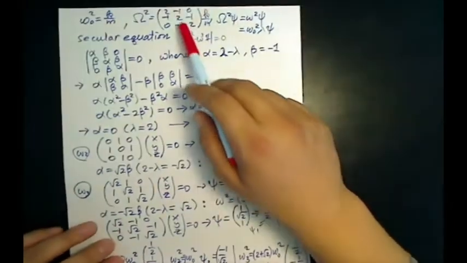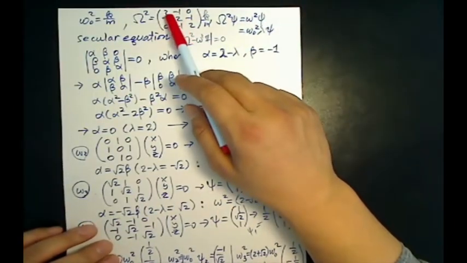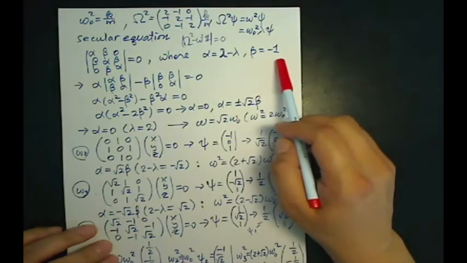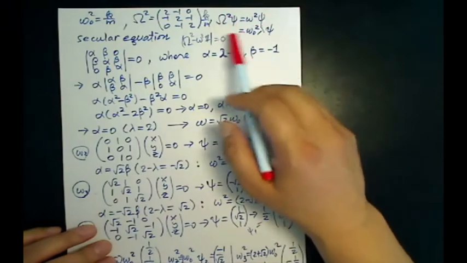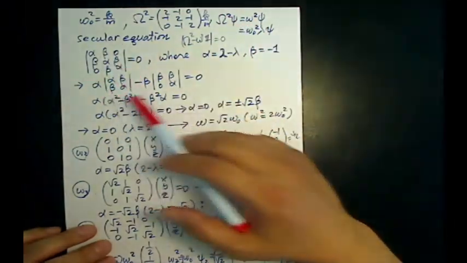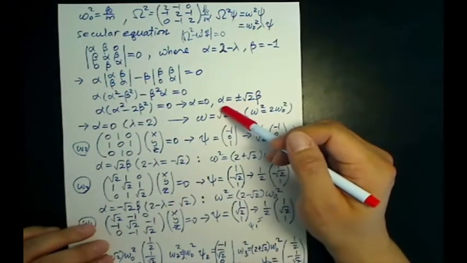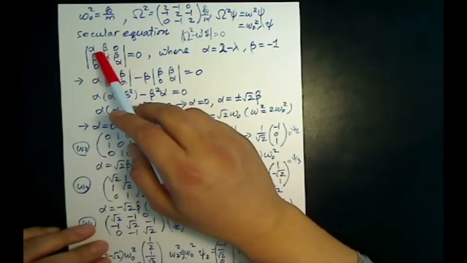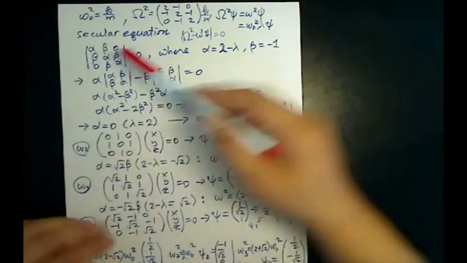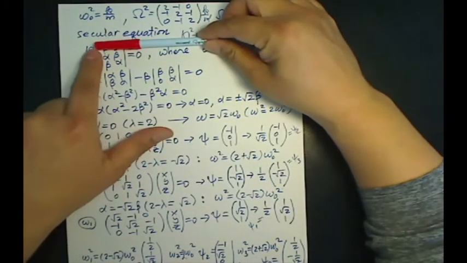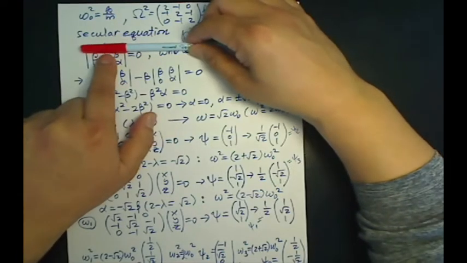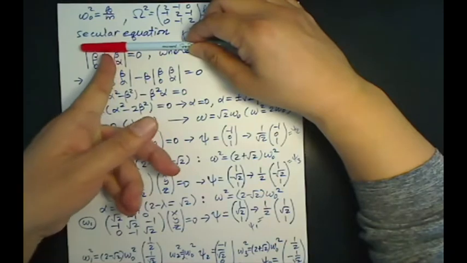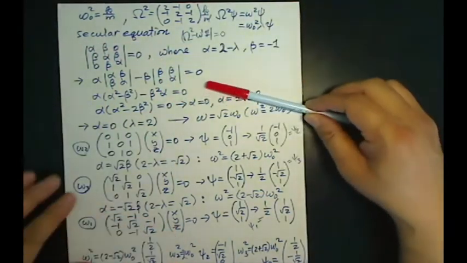We define alpha to be 2 minus lambda and minus 1 to be beta. Then the determinant of the eigenvalue equation can be solved only if the determinant vanishes. And the determinant can be expanded in two pieces, alpha times this 2 by 2 matrix determinant minus beta times this 2 by 2 matrix that is written here.